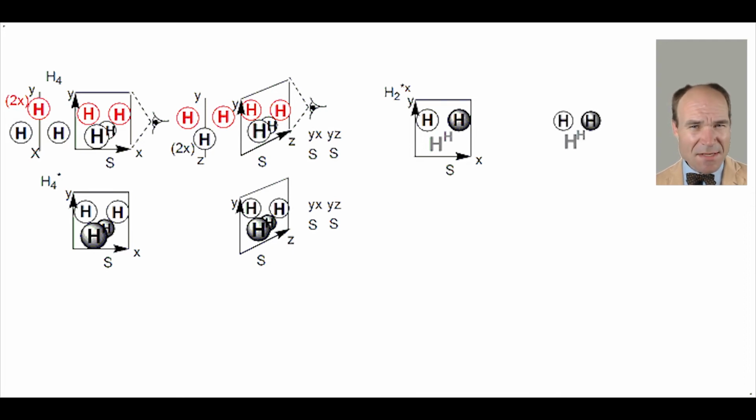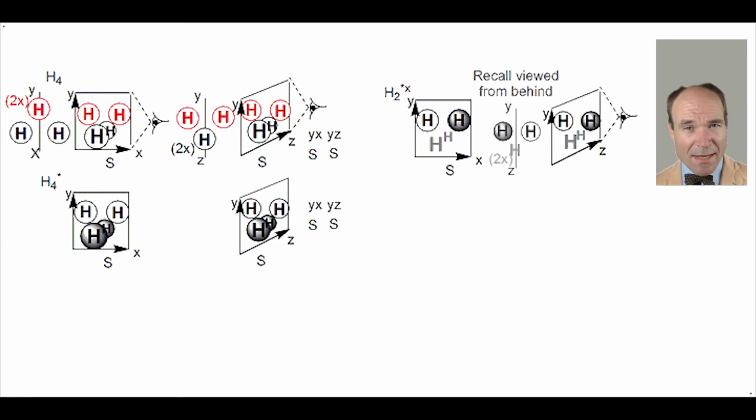As we look at the same arrangement from the YZ plane, we attain a different answer. We place our eye on the right-hand side and look right to left, and imagine what we're seeing. To our left as we look at it, and to our right as we look at it. Well, here on our left-hand side we have a cloudy hydrogen orbital, and on our right-hand side we have a clear hydrogen orbital.